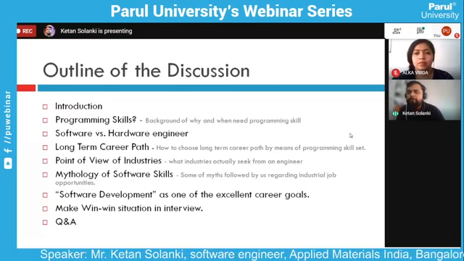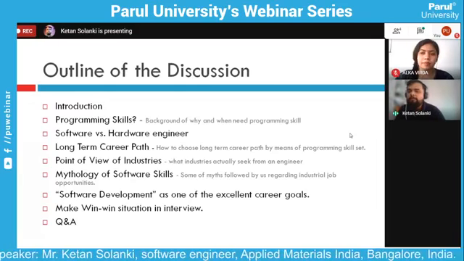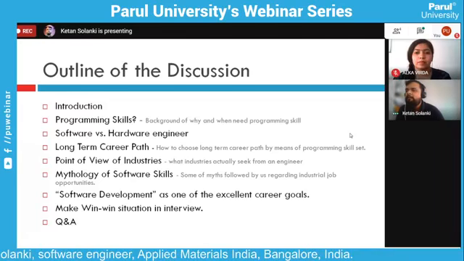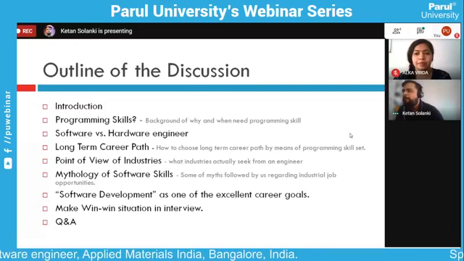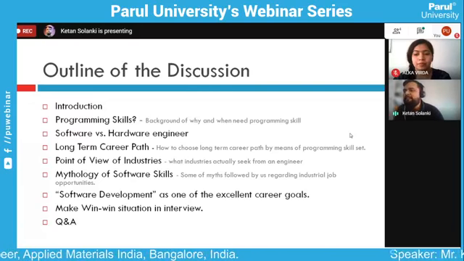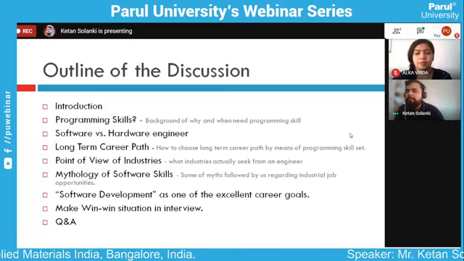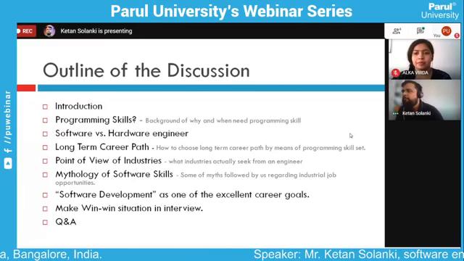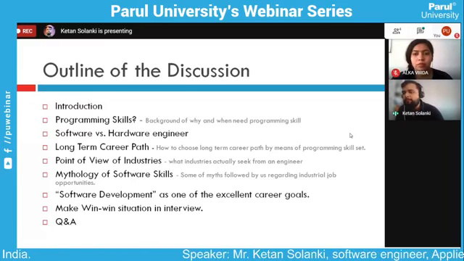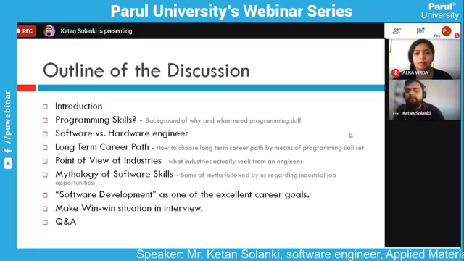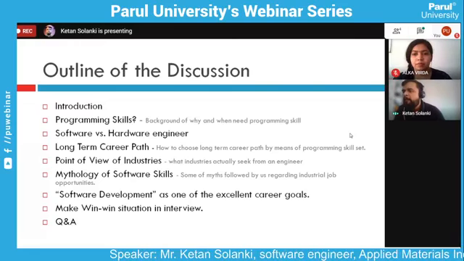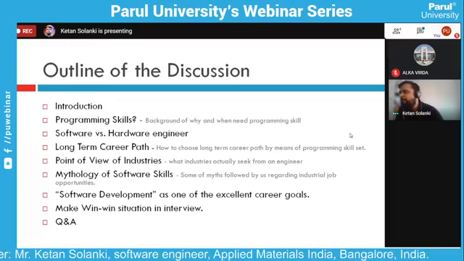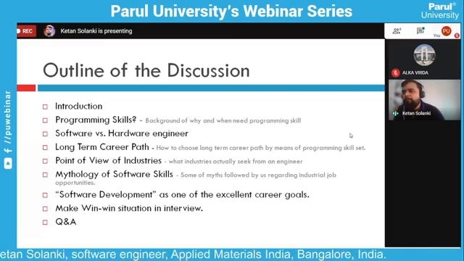Then some points of view from industries, which as students we might or might not know: what the industries think about. Then we'll cover some myths about software skills. Every field has its mythology, so we'll go around what the myths are and what we should take care of as a fresher engineer. Then we'll have some discussion on software development, how important it is in our career goals, and how to set up that path.